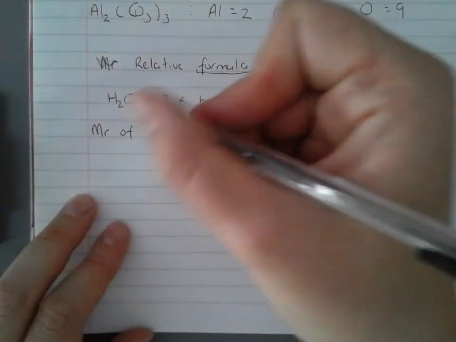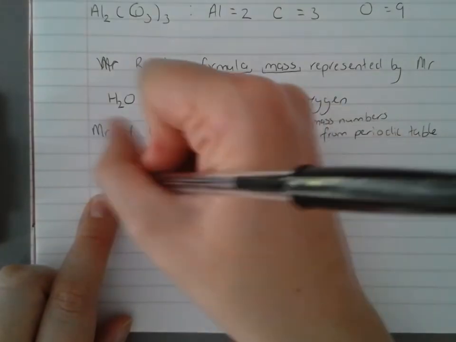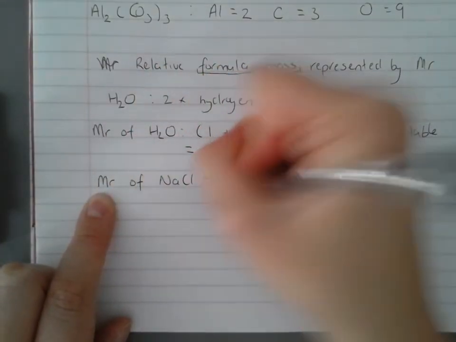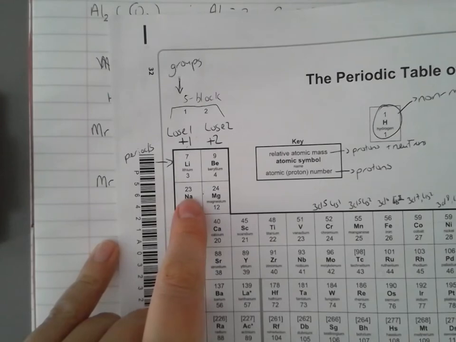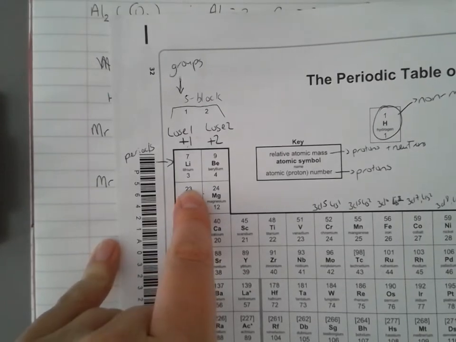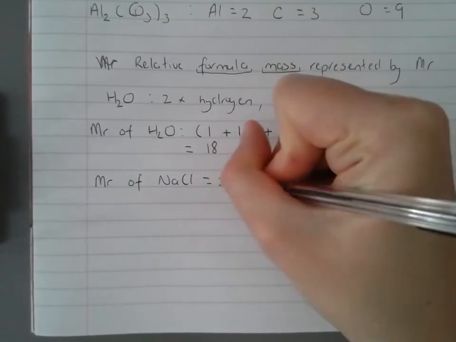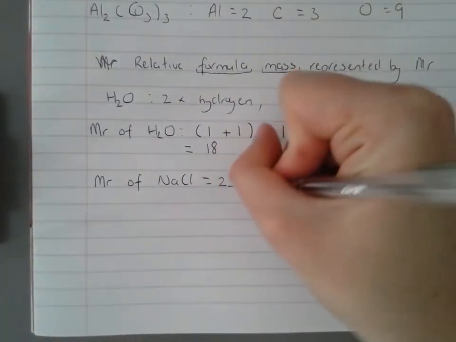If I looked at another example, I'm using Mr as my symbol for relative formula mass, the relative formula mass of NaCl. When I look at my periodic table, the big number next to sodium is 23. So sodium has a mass of 23. I've only got 1 sodium, so I'm only going to write down 23 once.